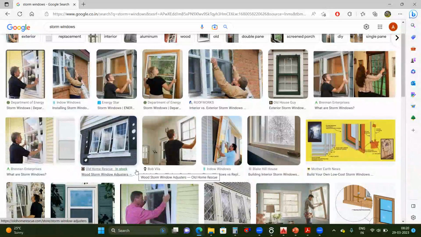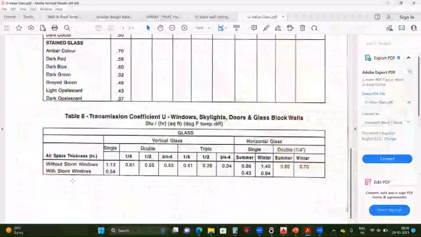We can open it and close it from inside or outside. Since this is office space, we'll consider it as without storm windows.